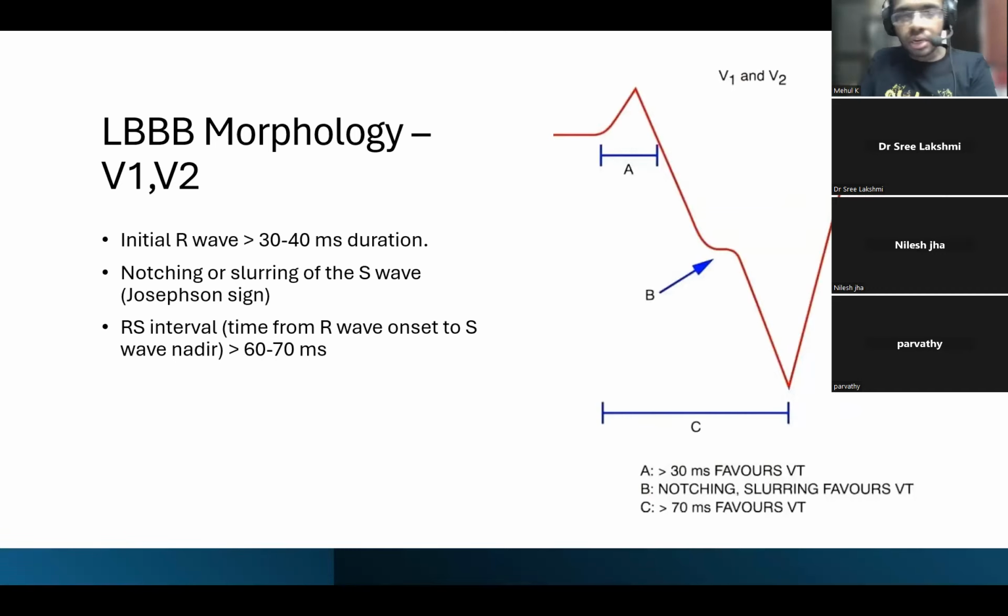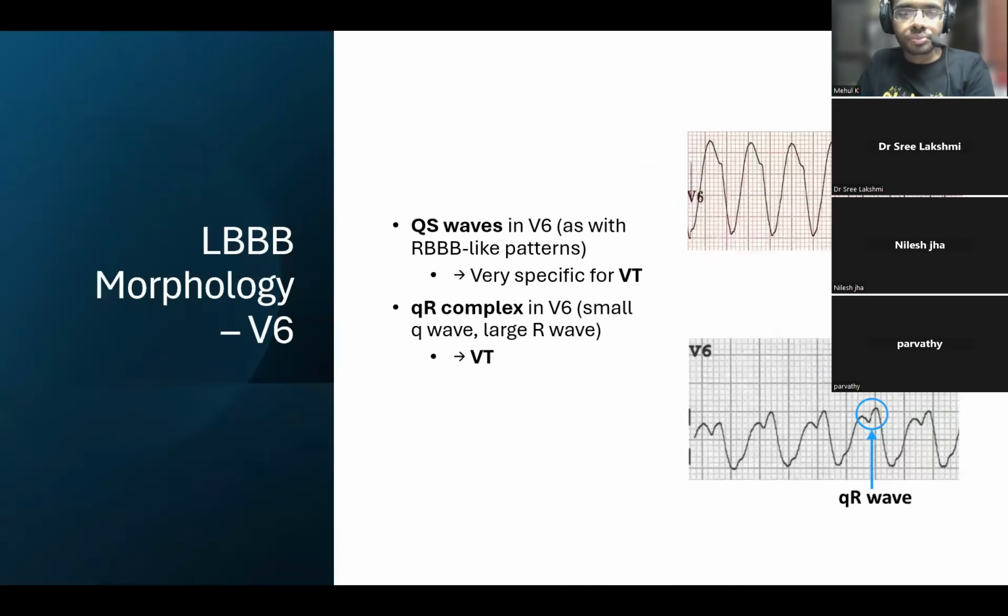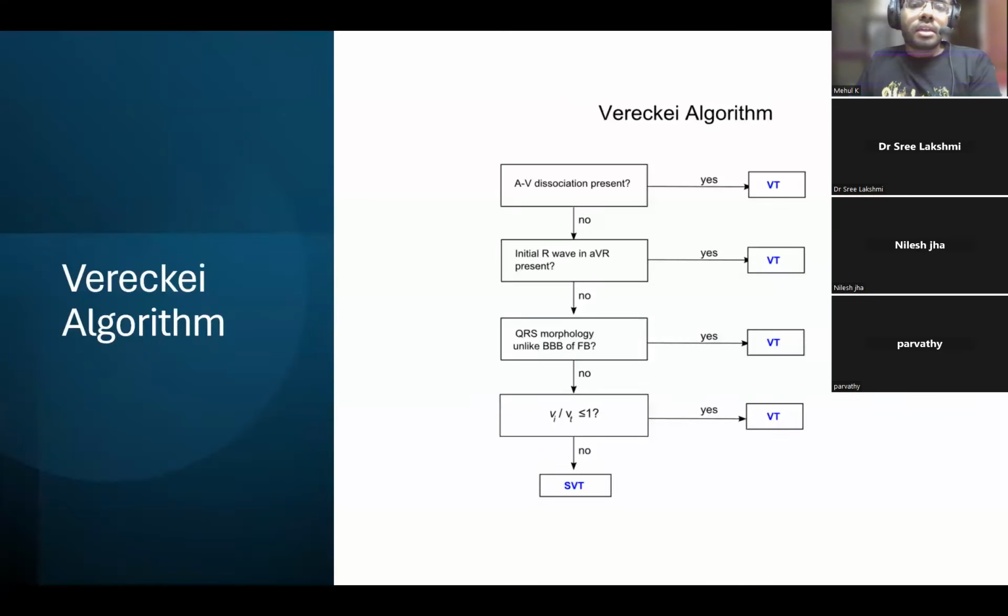The R to S interval more than 60 milliseconds, VT, or the Josephson sign, that is the fragmentation of the downslope of the QRS. And again, in V6, a completely negative wave favors VT, and the QR complex again favors your VT. That is all about the Brugada algorithm.